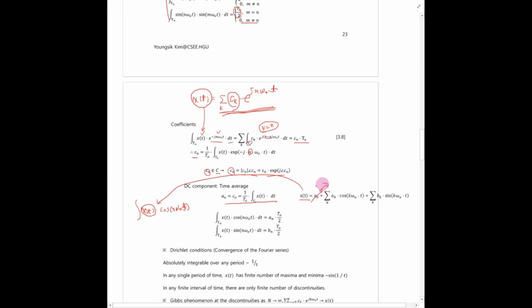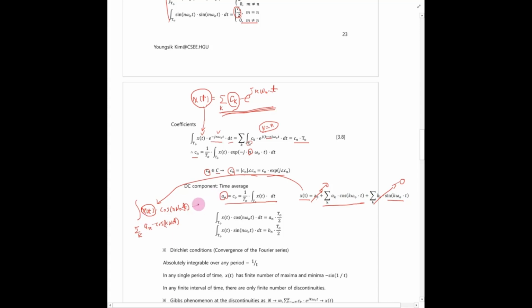We know that a0 already. If sine is producted over here, it goes to 0, it doesn't affect. If ak times cosine k omega 0 t and the sum over k, only these parts remain.